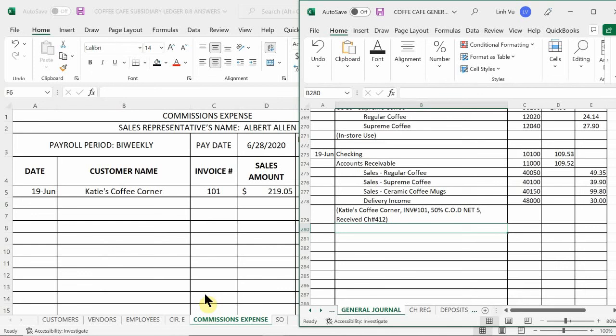So I believe we're done. No, we're missing a huge chunk right here. This is what's going to throw off your trial balance.